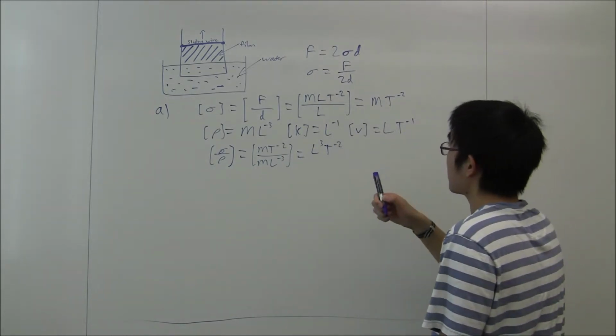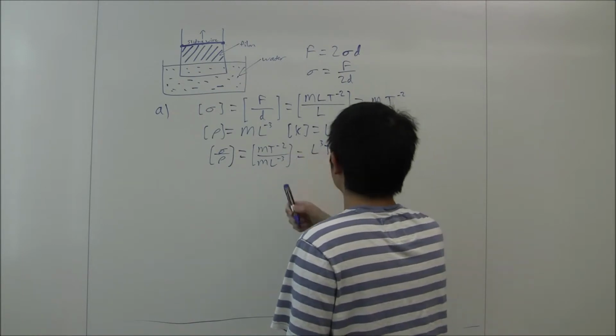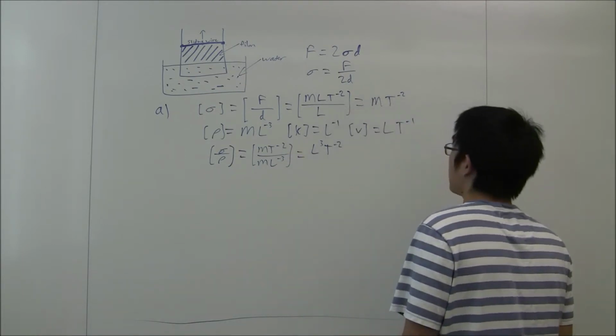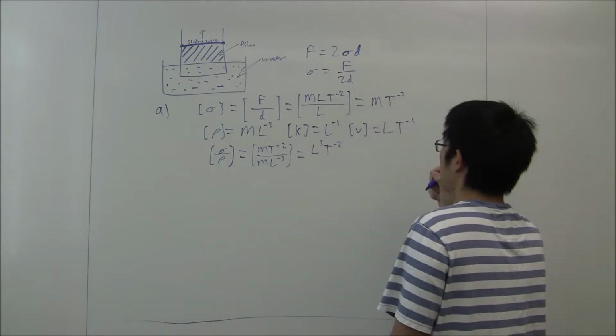So now, if we multiply by a factor of k, we can get rid of one of these factors of L, and then we can square root the whole thing to get length times time to the negative 1.